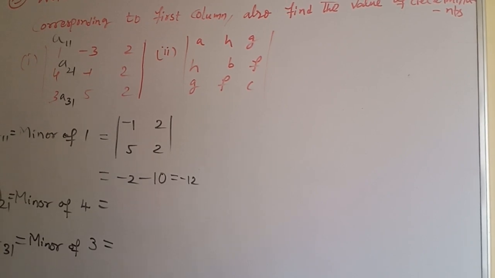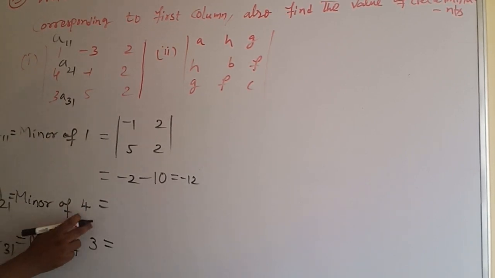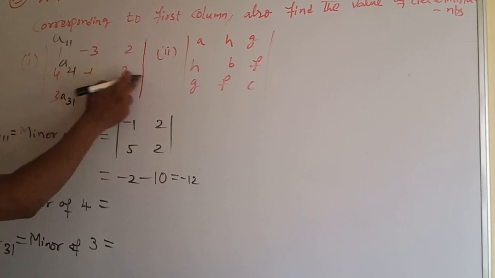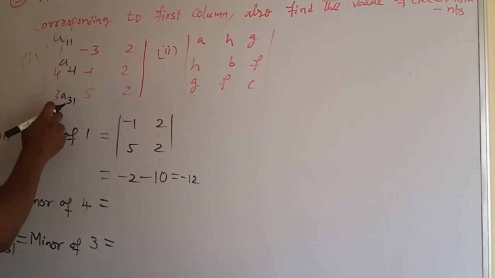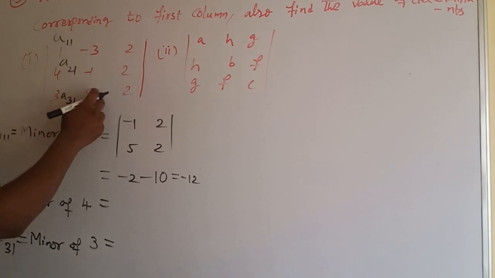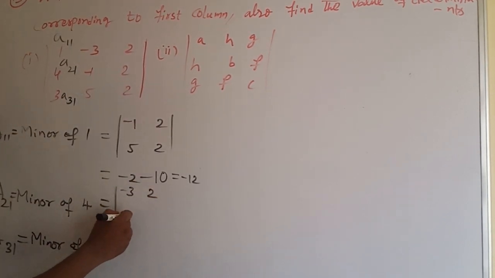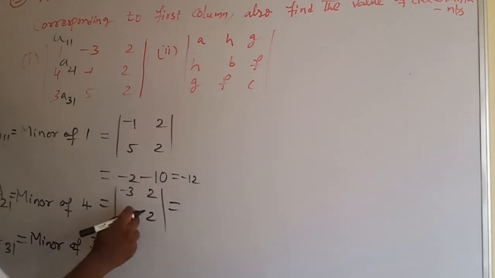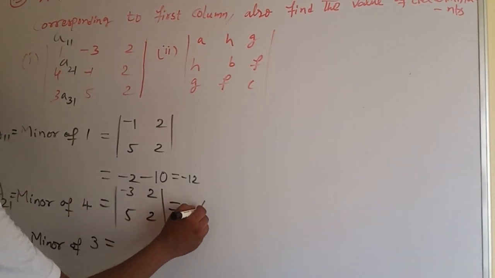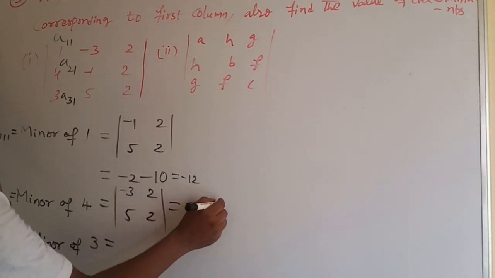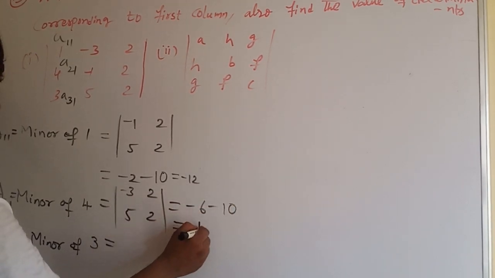So minor of 4 means this is 4. This row and this column removed, then what you get? Minus 3, 2, 5, 2. So write minus 3, 2, 5, 2. Just multiply: minus 3 into 2 is minus 6, minus 5 2s are 10. So that minus 16 you get.